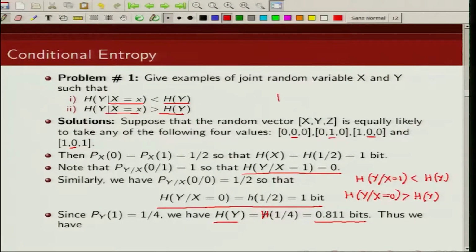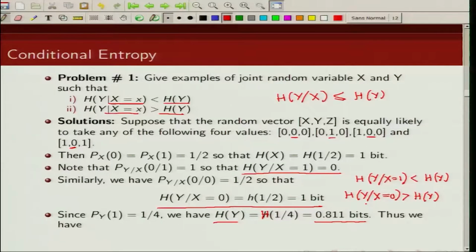Please note, however, this is always true. You can work it out from here also. We know the uncertainty in y given x equal to 1; multiply by the probability of x equal to 1, that's half, and the probability of x equal to 0 is also half.